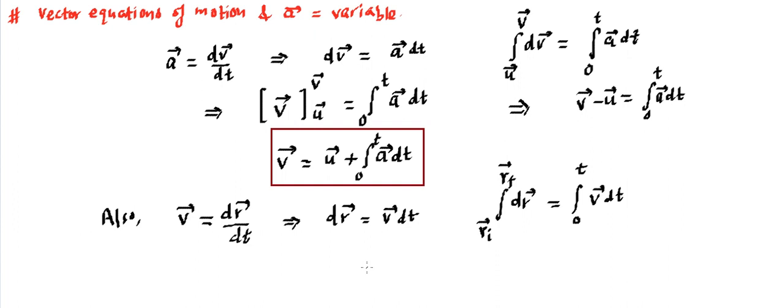If you simplify this, we will get this kind of expression ultimately. That means final position minus initial position, that is basically displacement. So now it becomes displacement, equal to integration from 0 to t of v dt.